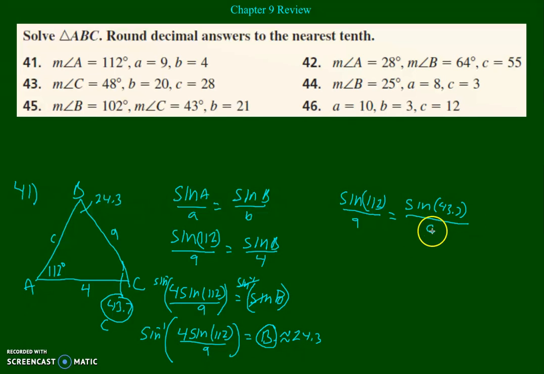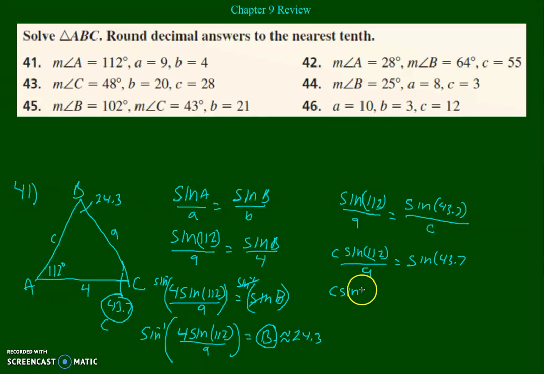and that's over C. So now we have to do a little algebraic manipulation to find C. We're going to multiply both sides by C. So C sine 112 over 9 equals sine of 43.7. We're going to multiply by 9.